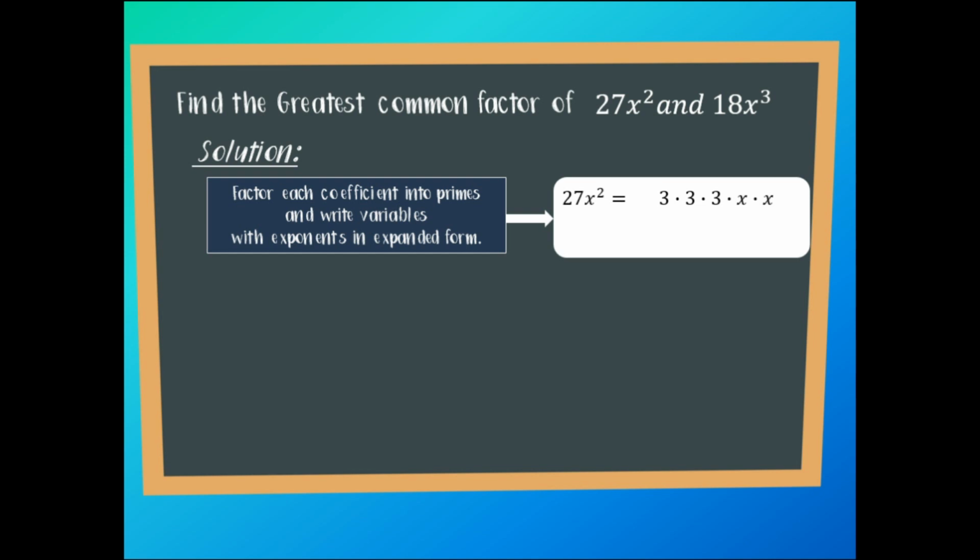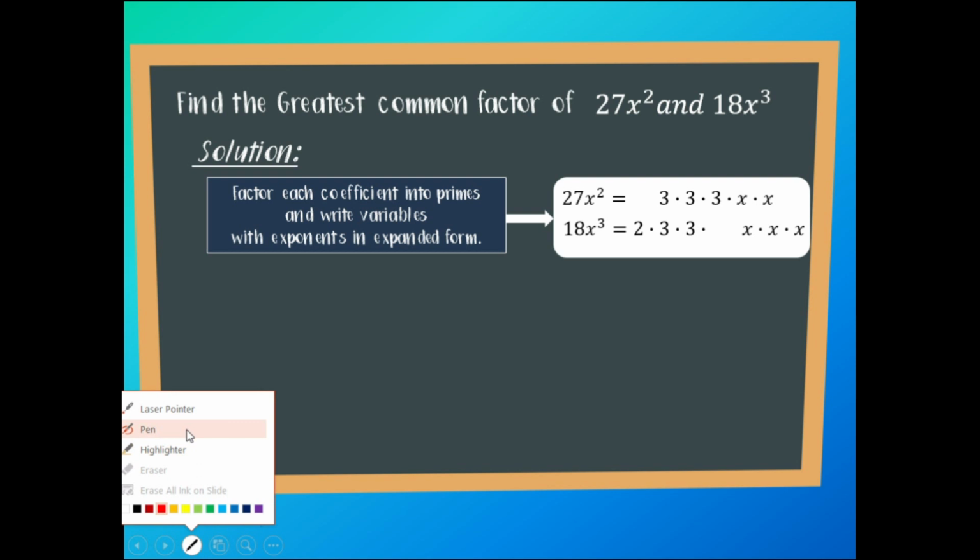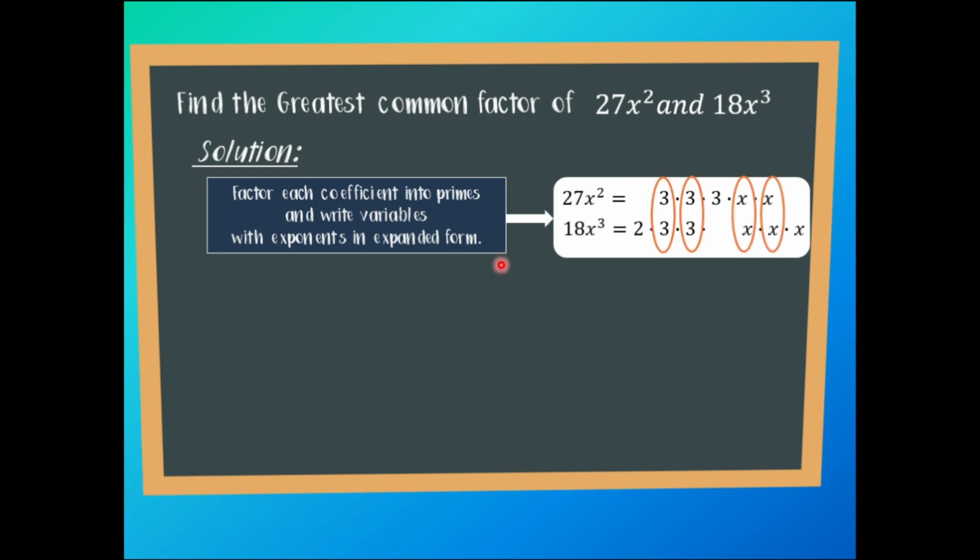Notice that all of these numbers, 3, 3, and 3, are prime numbers. 18x cubed can be expanded into 2 times 3 times 3 times x times x times x. As you notice, the encircled numbers are the common factors between the two expressions.